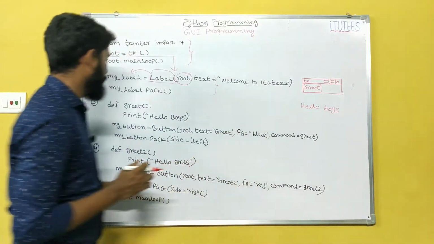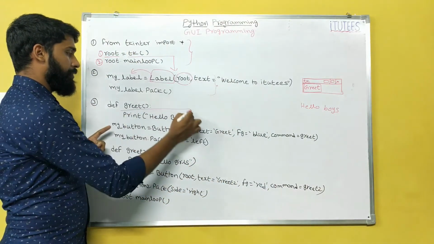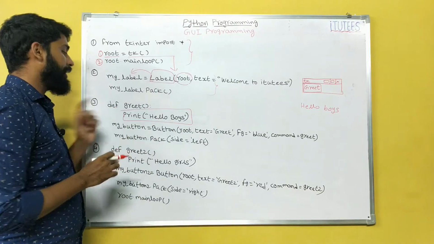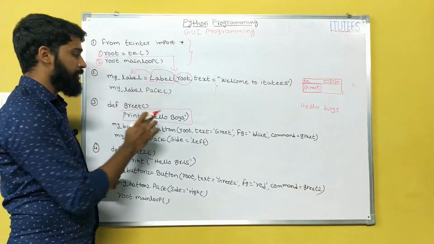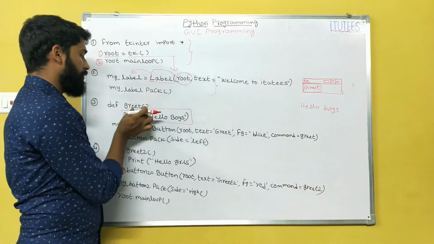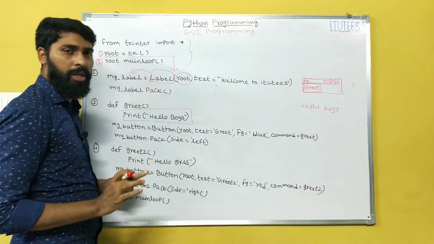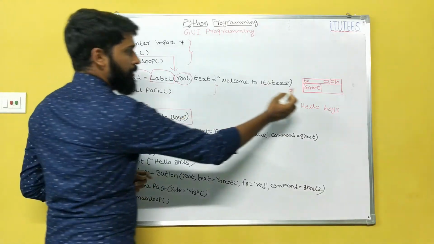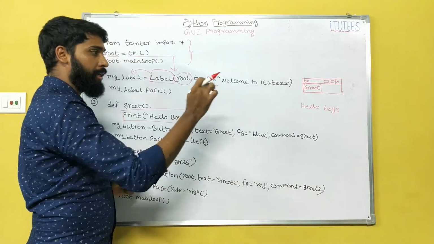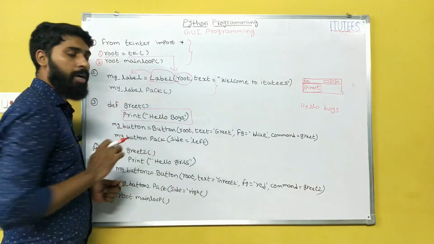How? For that I define one function, greet. What I write in this greet is that it prints hello boys. If this function is executed, the output is hello boys. Here this is the button. When clicking on that button, it prints hello boys.